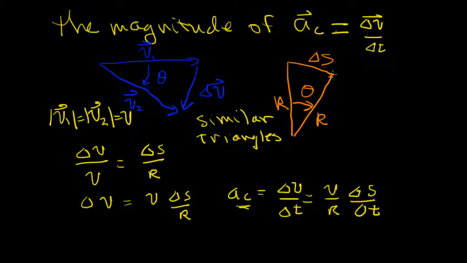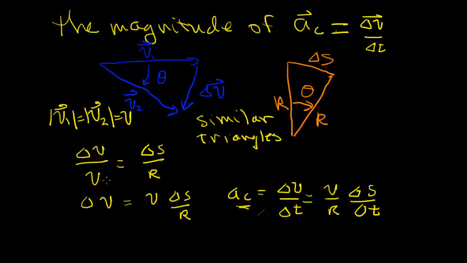Delta s is this distance between these two radii. What is that really? That's just the distance that's traveled by the object. It's the straight line distance between the tips of these two radii. But as long as they're very close together, like infinitesimally small, then that's just an approximation to the arc length that follows the circle, right? And if they're infinitesimally small, it's equal to the arc length.